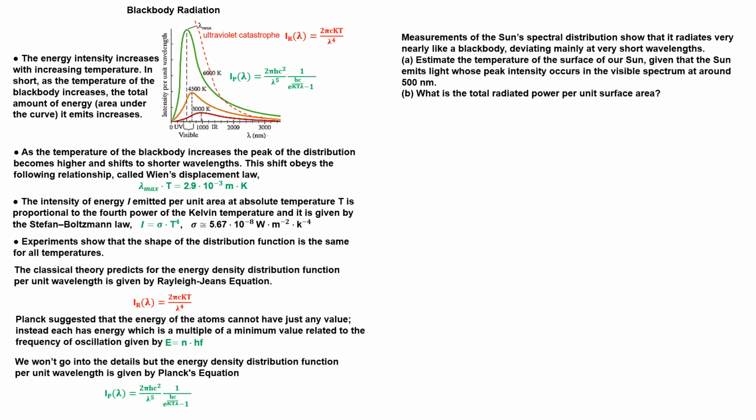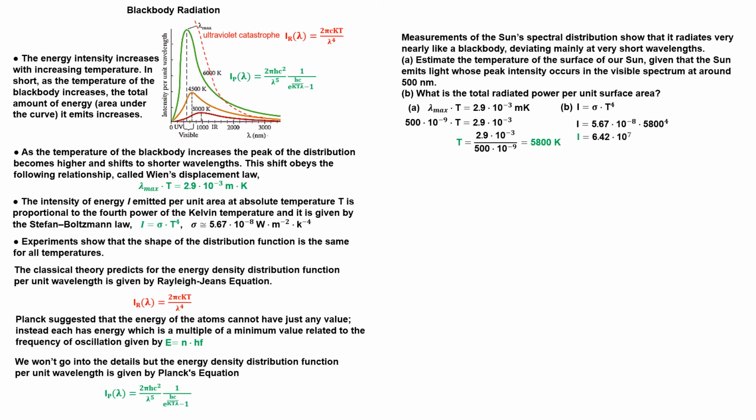To solve item A, we assume the Sun acts as a blackbody and use Wien's law, replacing lambda maximum with 500 nanometers. To solve item B, we use the Stefan-Boltzmann law, replacing the temperature with 5,800.